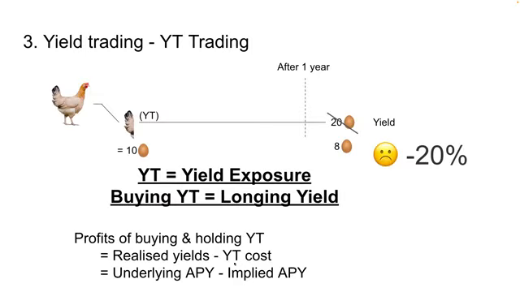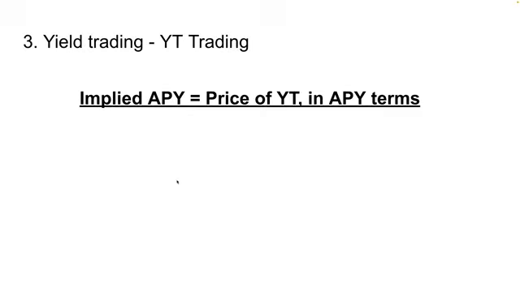And YT's cost can be measured by exactly implied APY, the number that we look at in the market just now. And implied APY is, roughly speaking, kind of the price of YT in APY terms. You can think of it that way. Implied APY is the price of YT in APY terms. And in other words, if you recall from the PT section just now, it's what people think is the fair average yield from now until maturity.